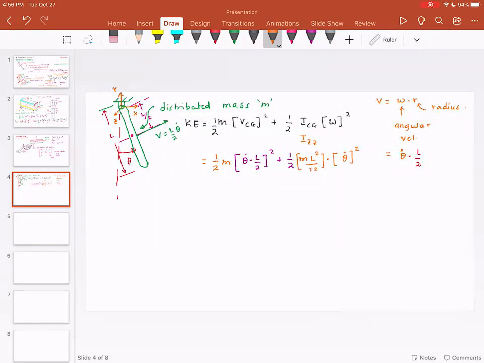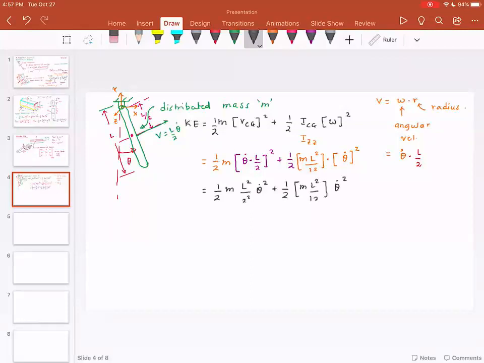So when I write this equation down, it becomes 1 half m L square by 2 square theta dot square plus 1 half m L square by 12 theta dot square.